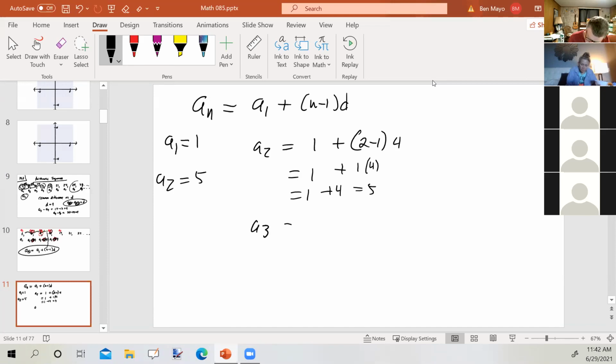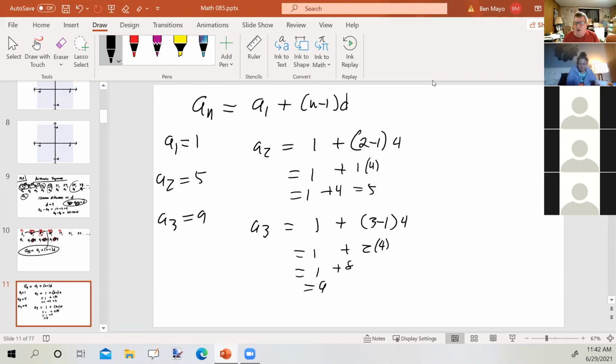What about a sub 3? A sub 3 would be a sub 1, which is 1, plus n minus 1, 3 minus 1, times 4, which is 1 plus 2 times 4, 1 plus 8, which is 9. So a sub 3 is 9. Now, obviously, I could just keep adding 4 to get the next term, but I'm just trying to show you how this works.